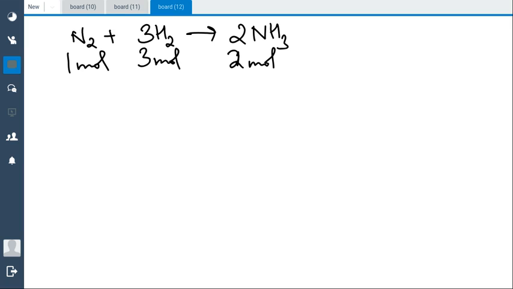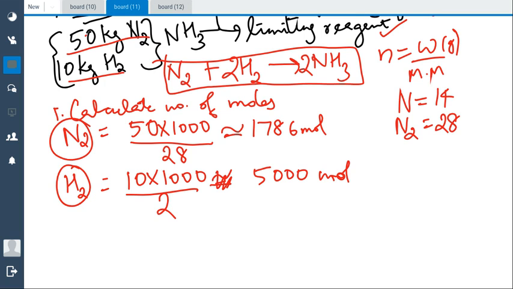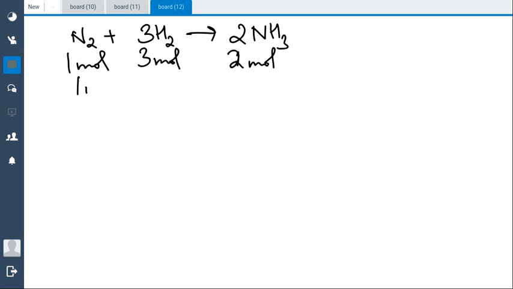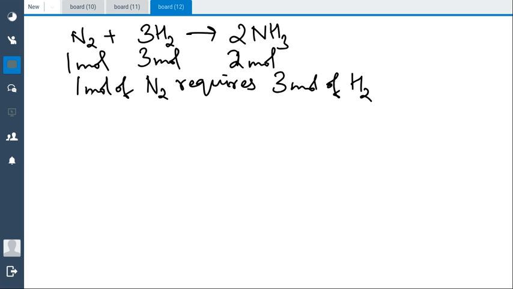So how do we calculate the limiting reagent? One mole of nitrogen requires 3 moles of hydrogen, right? According to this equation, 1 mole of N2 requires 3 moles of hydrogen.